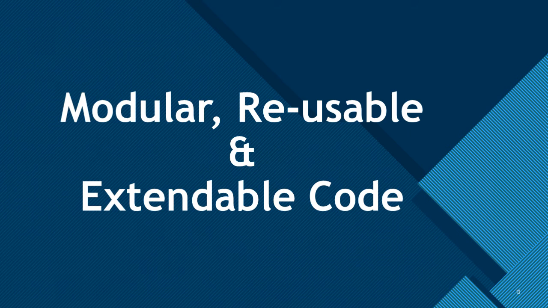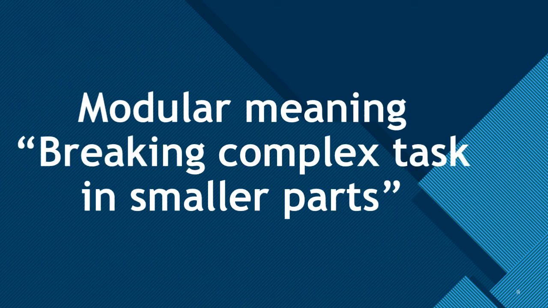Now the main features of object oriented programming are what? It enables the user to create modular, reusable and extendable code. Modular is what? When there is a complex task and we are creating software, it is very large. So this large software is divided into smaller parts, with one module for each different task.